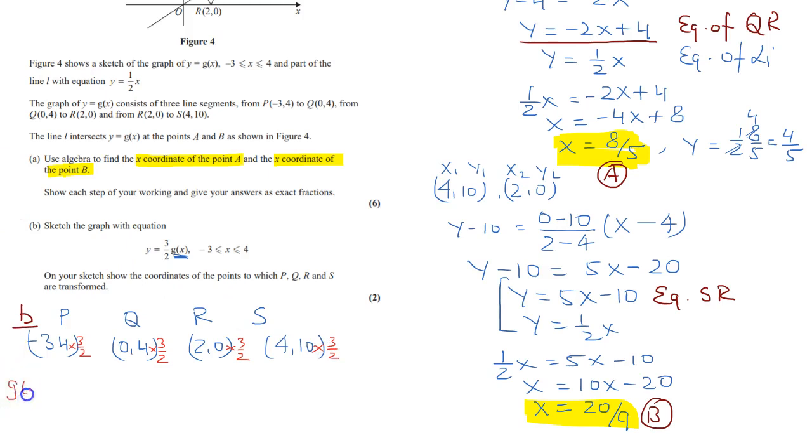So the g(x) coordinates will be minus 3 and 6. This is 0 and 6. This will be 2 and 0. And this is 2 times 5, so 4 and 15.